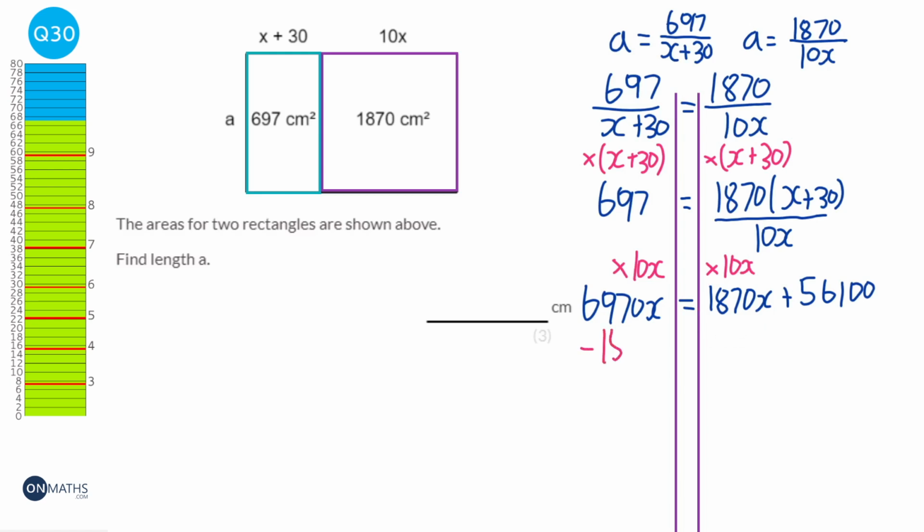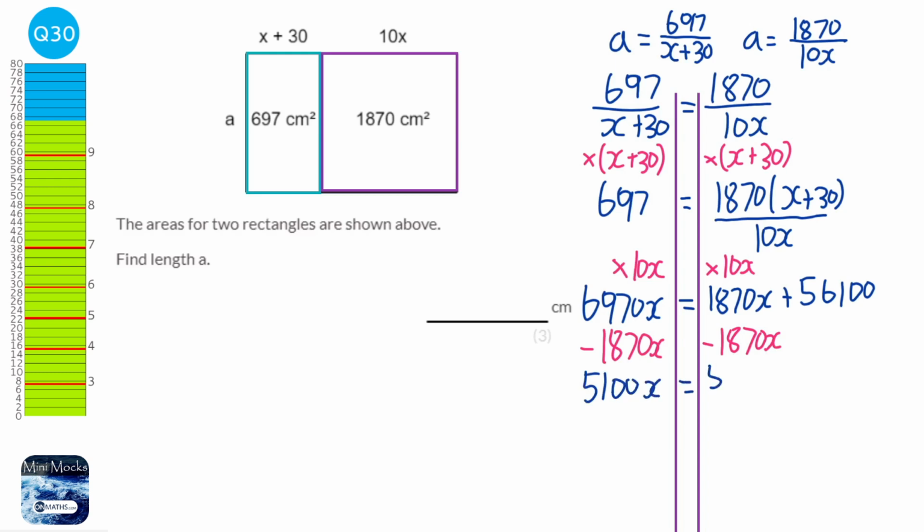So take away 1870x from both sides, and that will leave 5100x on the left hand side, and then obviously we've got the 56,100 on the right hand side. And we want to get rid of the 5,100, so we're just going to divide both sides by 5,100. And so we've got x equals 11.